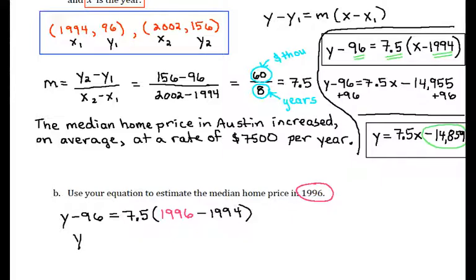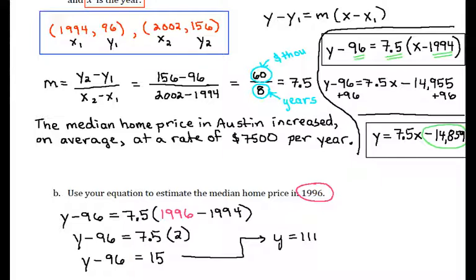Then all along the way the numbers have meaning. The rate of change times the number of years since 1994, right? This ends up being 15, and we would just add 96 to both sides to get 111.